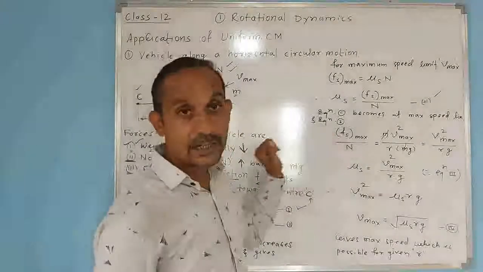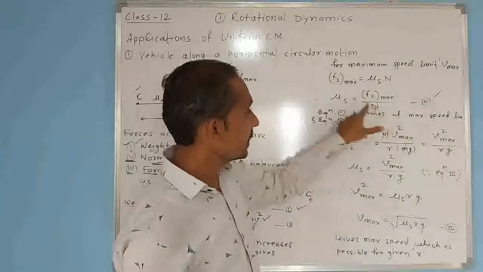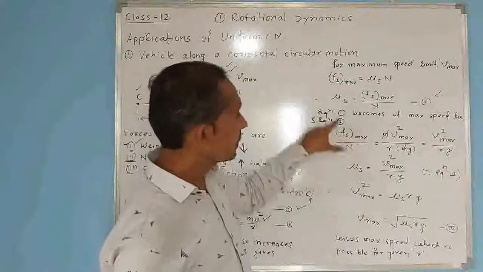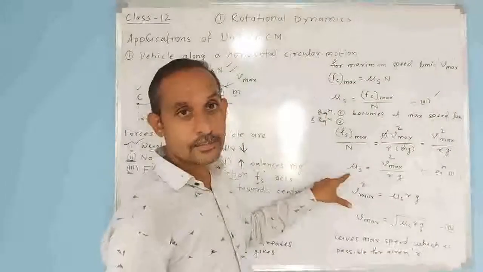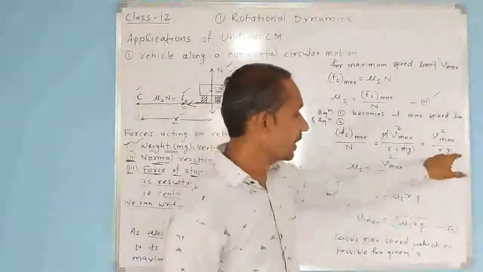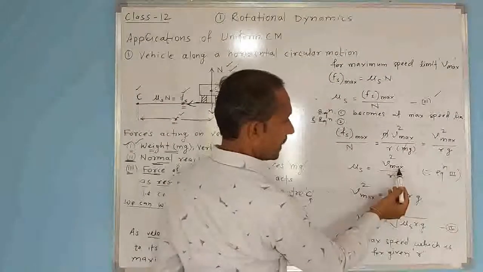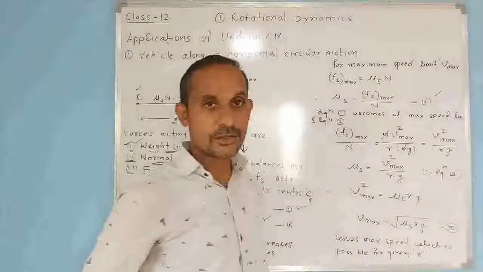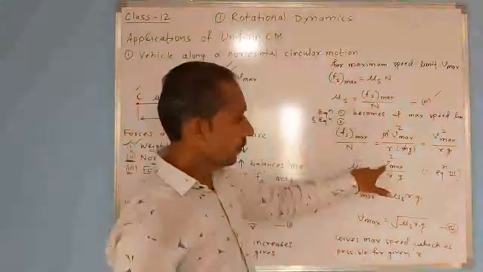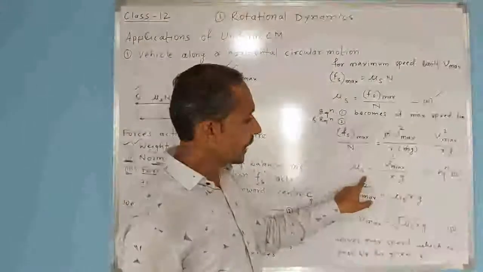Then on the left-hand side, Fs max upon N is equal to mu s. So write mu s is equal to, on the right-hand side, V max square upon rg. Then Vmax square is equal to mu s rg.